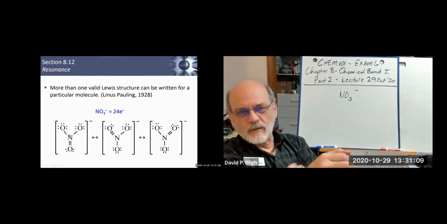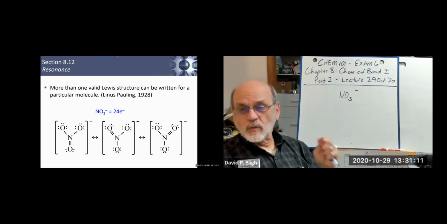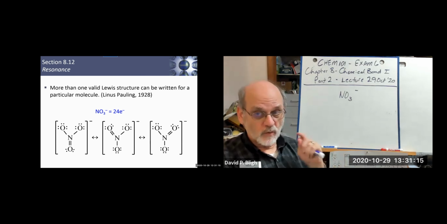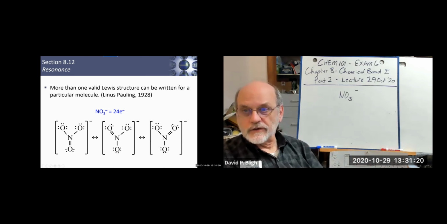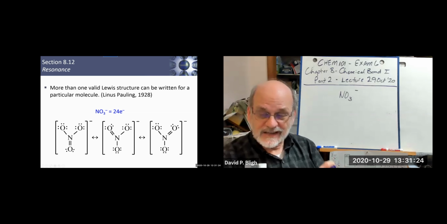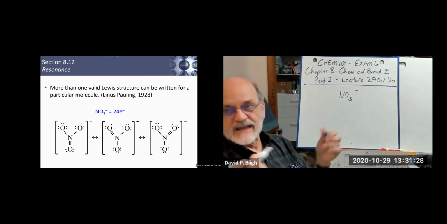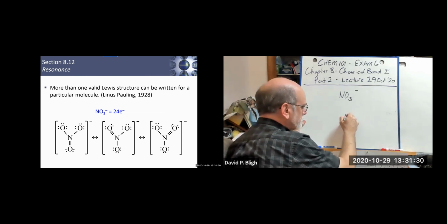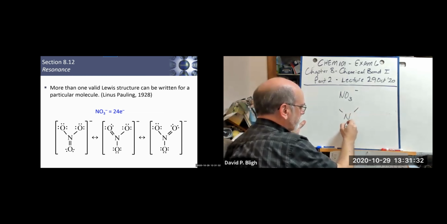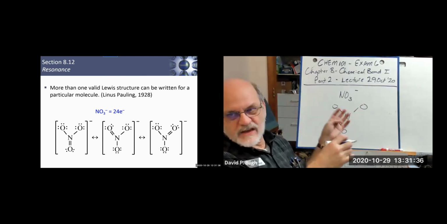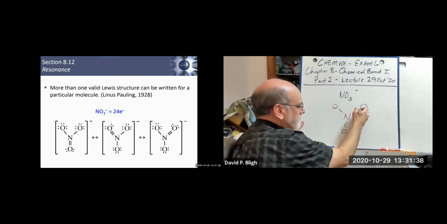Now, why do we write it that way? Well, that was one of the problems with using the Lewis dot structure. You could come up with more than one valid Lewis dot structure. And then what do you do? The model itself doesn't allow for drawing things like this. I'm going to leave out the extra dots just to illustrate.